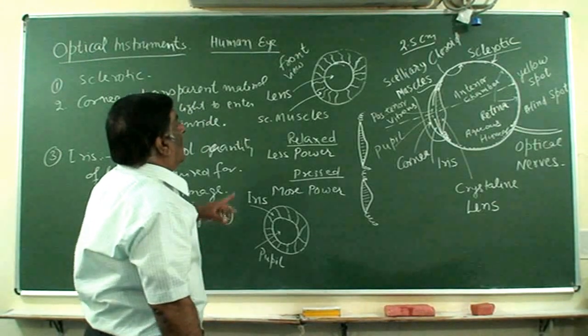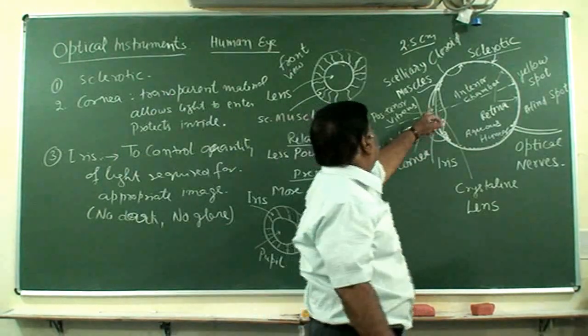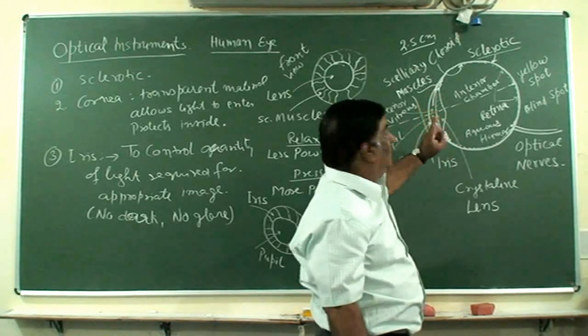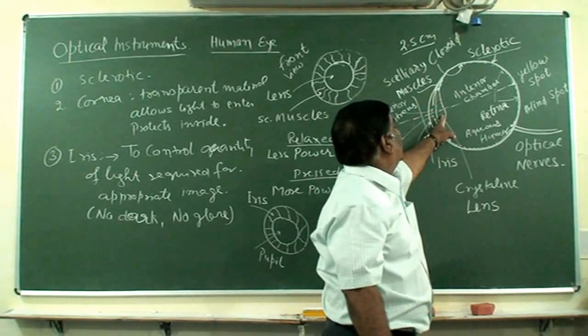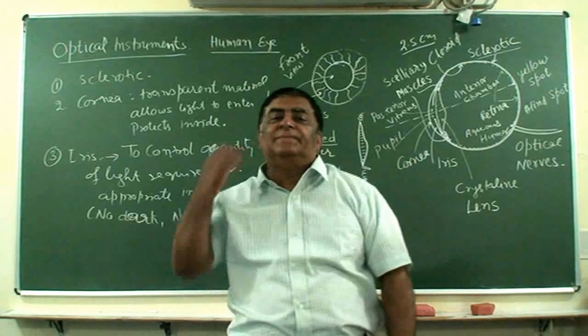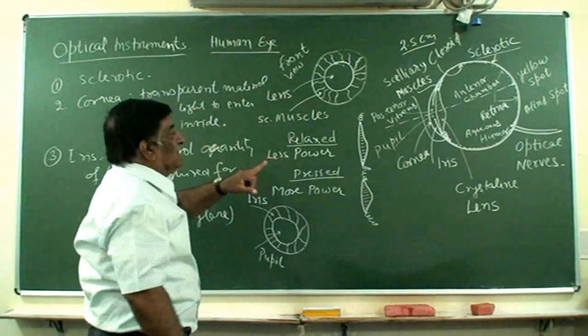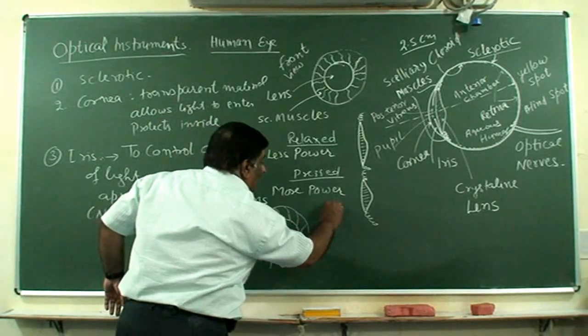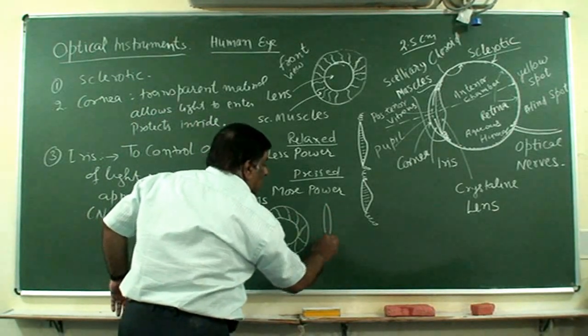Okay. Now, after this opening, pupil, iris, light control, then the most important part is the lens. Here is a lens. This lens is not a regular double convex lens.